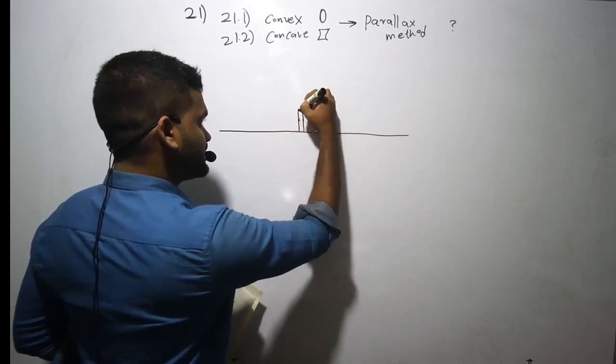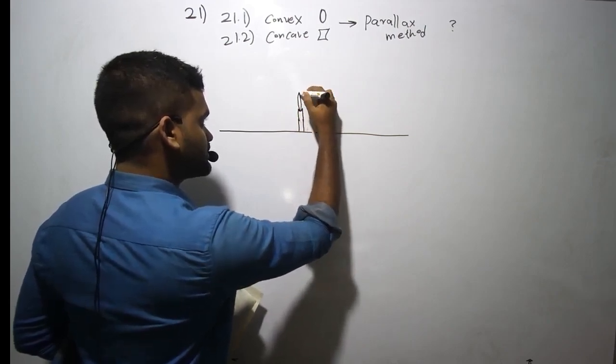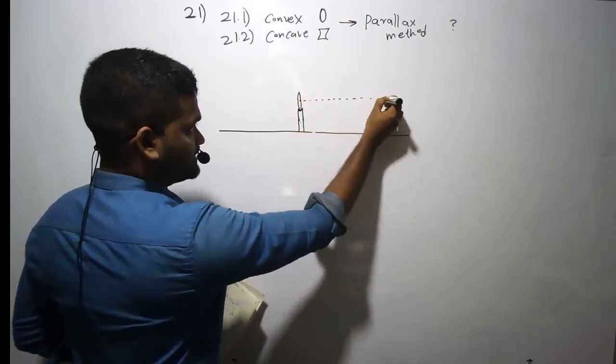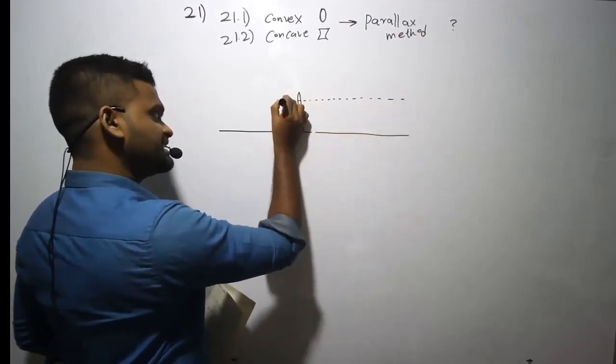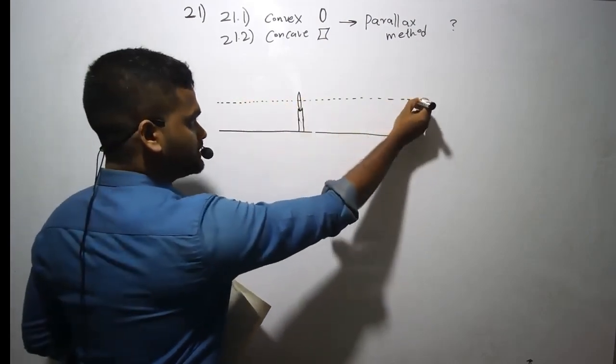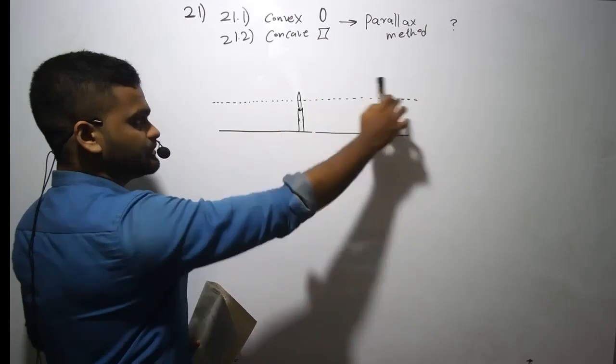Then on this stand, there's the lens, a convex lens. Then there's the principal axis. You cannot see this principal axis; it is just for the explanation. There's the principal axis.